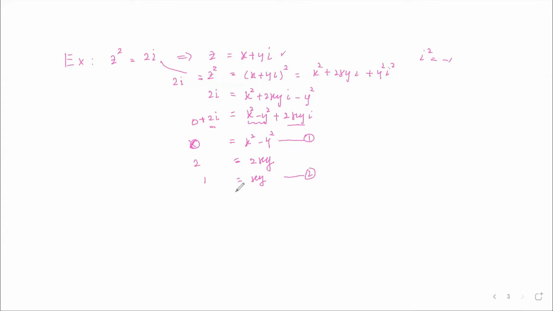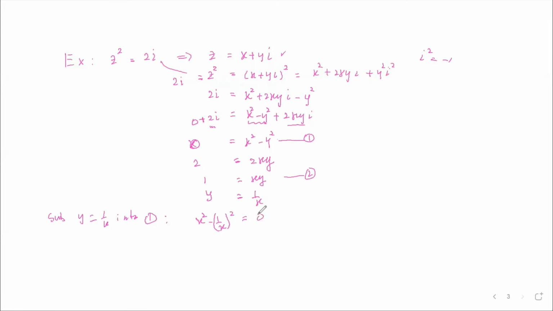Okay, or maybe we try this one, how to work it out. So if you have this one, y equals 1 over x, right? Now you substitute y equals 1 over x into where? Into equation 1. So it becomes x squared minus 1 over x power 2, right?